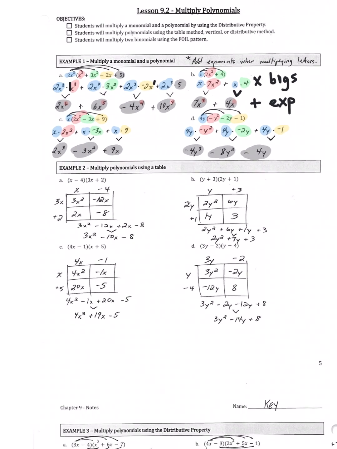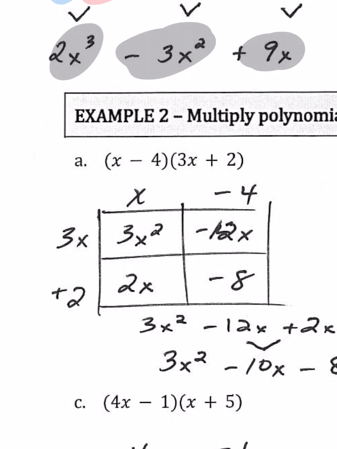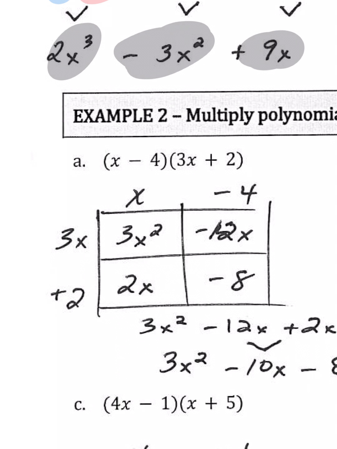The other example we're going to talk about today is when we have two what we call binomials. A binomial is a polynomial with two terms. So x minus 4 is a binomial that we showed here, and 3x plus 2 is a binomial that we show here.